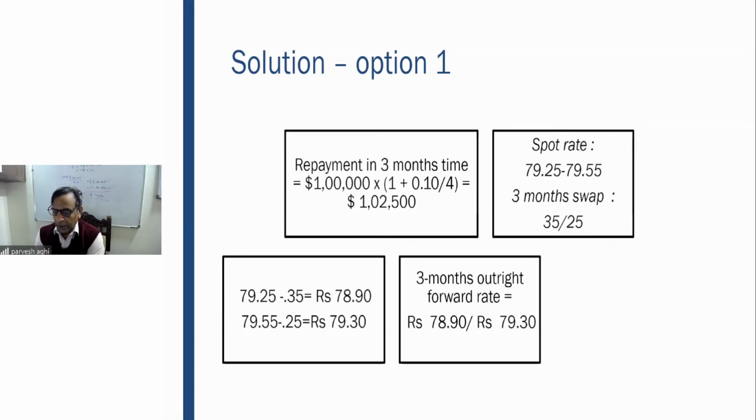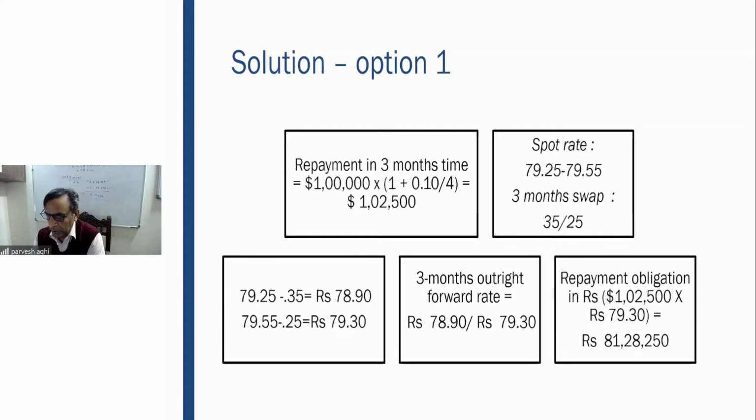Here the ask rate, which is meant for the importer, will become important. So we will multiply this by 79.3. That means the total outflow will be 81,28,350.